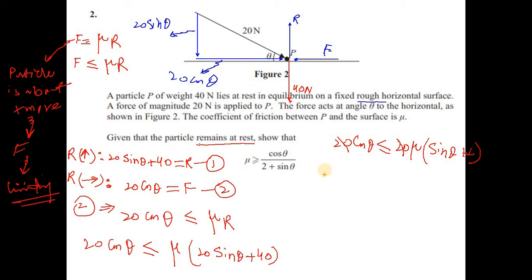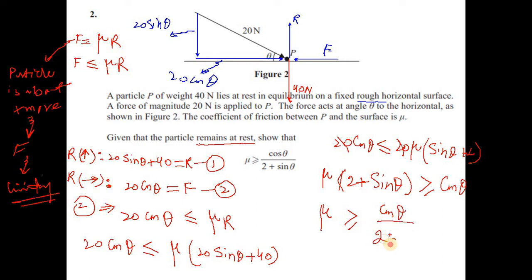So mu times 2 plus sine theta is more than and equal to cos theta, and then mu is more than and equal to cos theta divided by 2 plus sine theta. This is your proof.